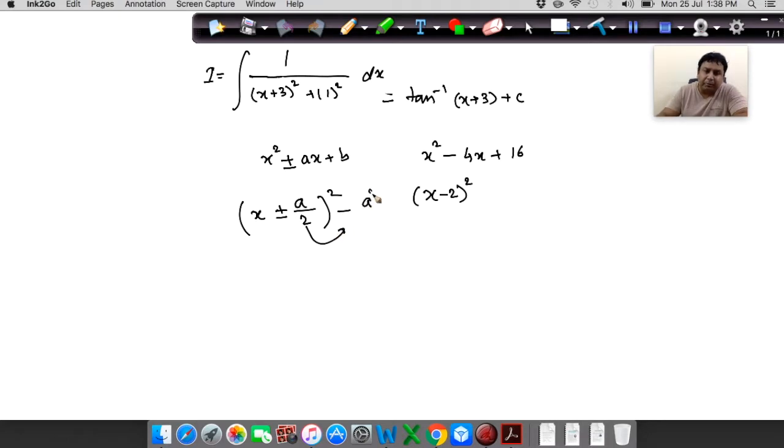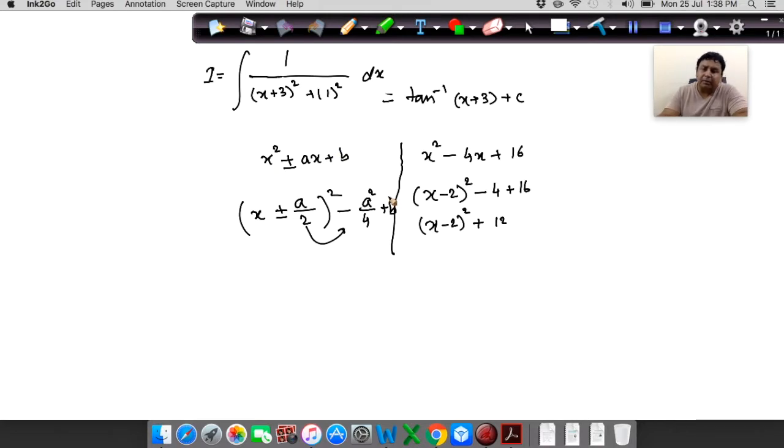So a square by 4 outside plus b. b was already there. So if I exemplify here, it will be (x - 2) whole square minus 4 plus 16. So that gives you (x - 2) whole square plus 12, which you can write as root 12 whole square, to match it to the formula. Fine. So this is the completion of whole square.